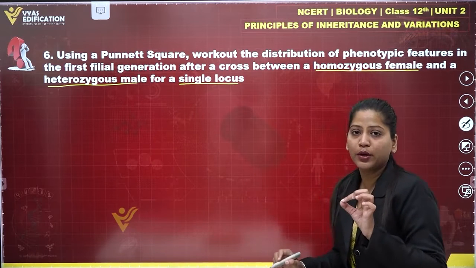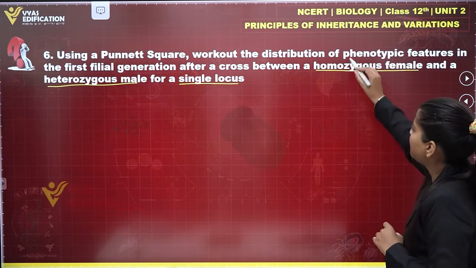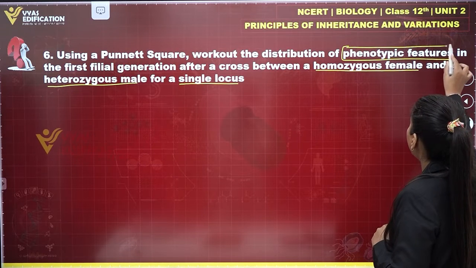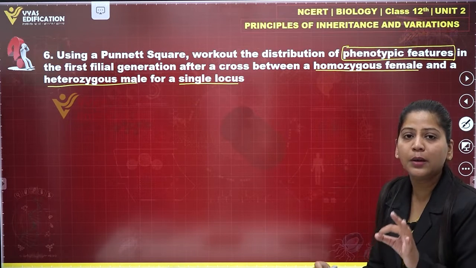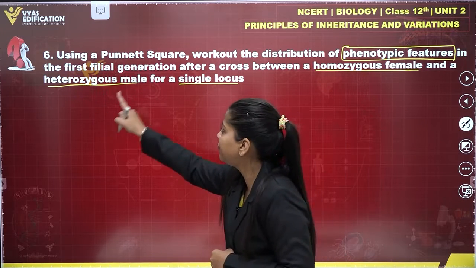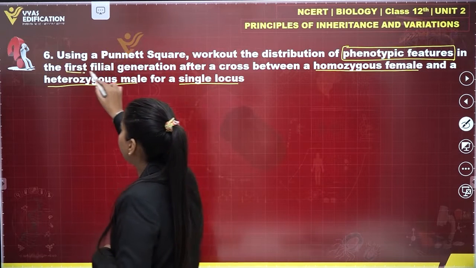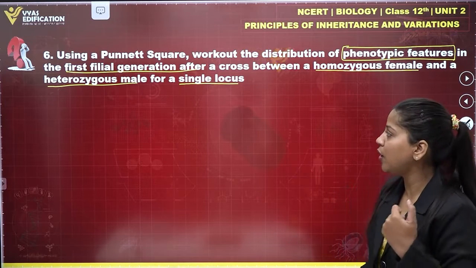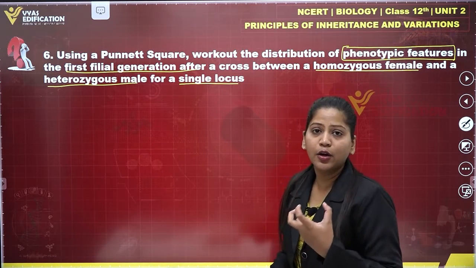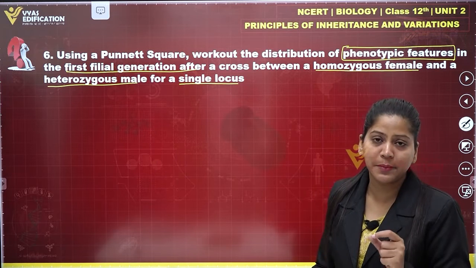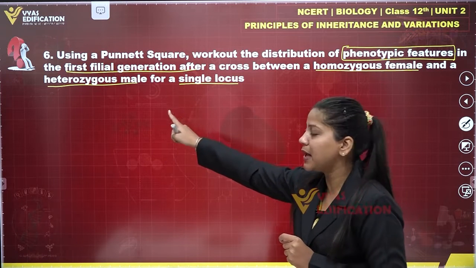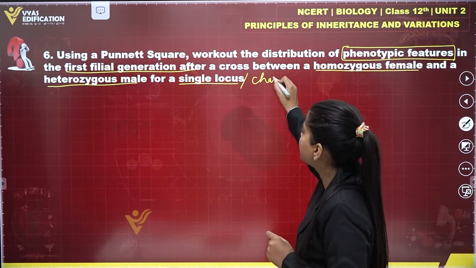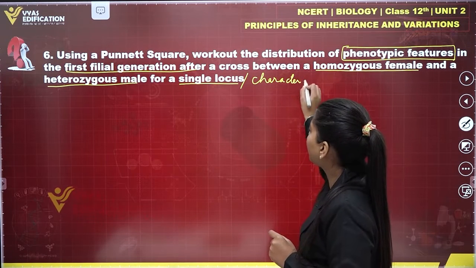So we have to make a Punnett square and find the phenotypic ratio in the first filial generation, or F1 generation, after a cross between a homozygous female and a heterozygous male for a single locus or character. Single locus means a single character we are talking about.